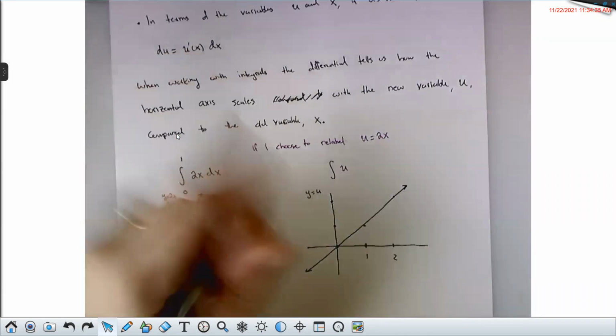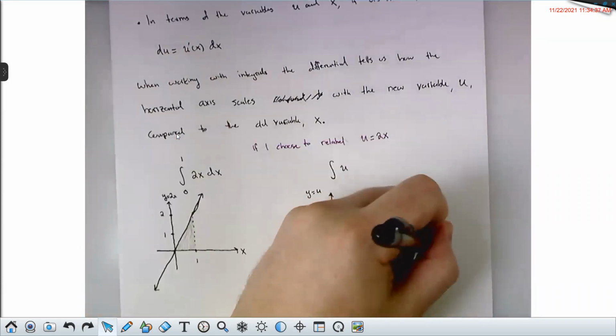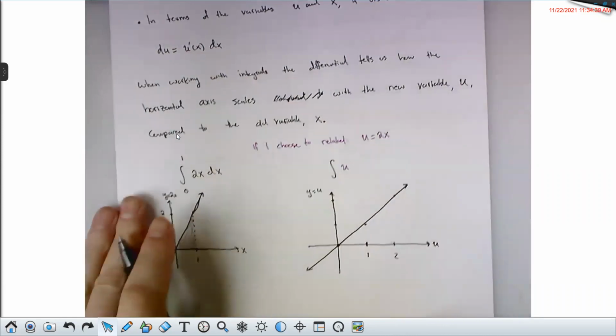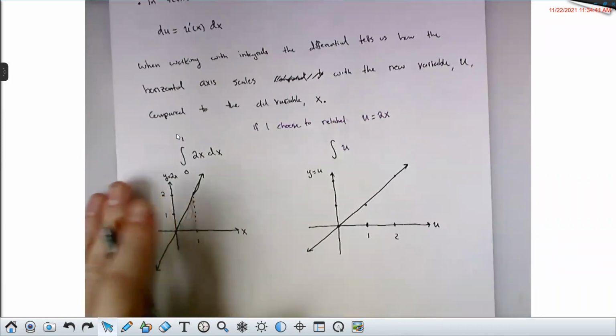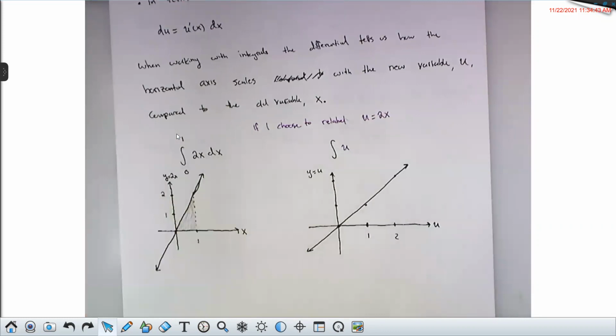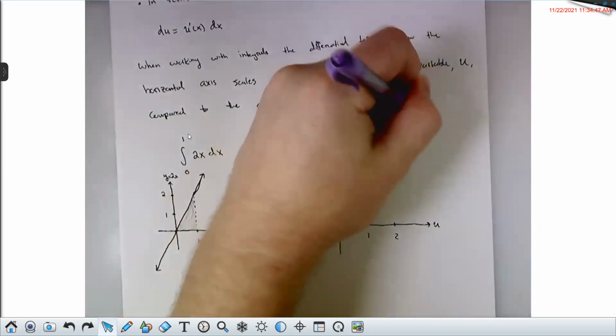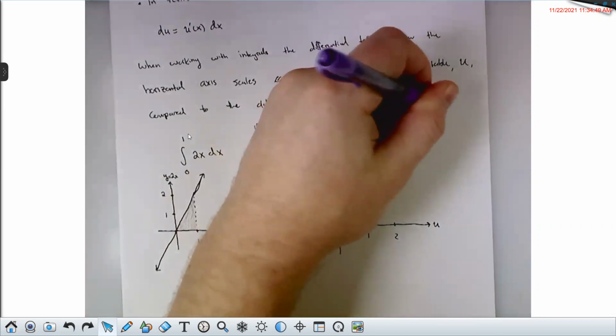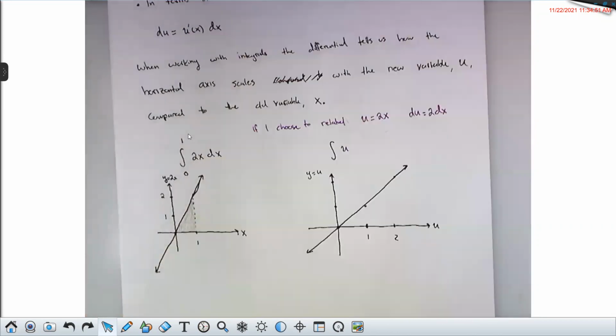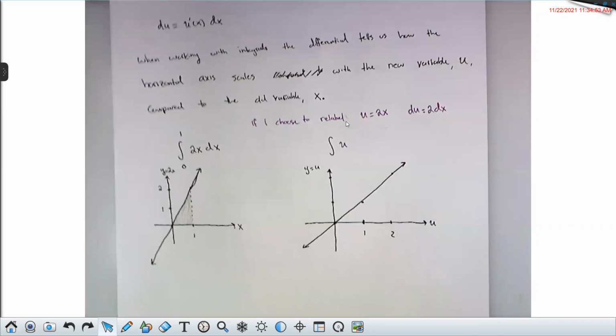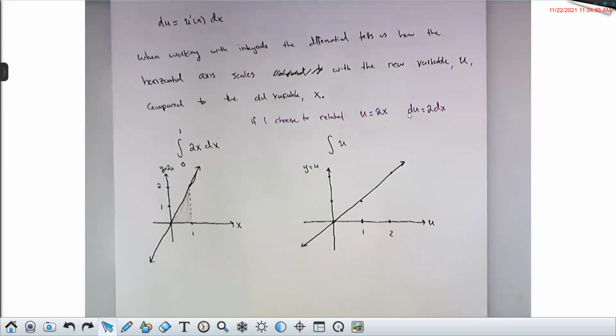So this is now the y-axis, and this is the u-axis. If I do this, then du is 2 dx, just taking differentials, right? The derivative of 2x is 2. So if u is 2x, then du is 2 dx.